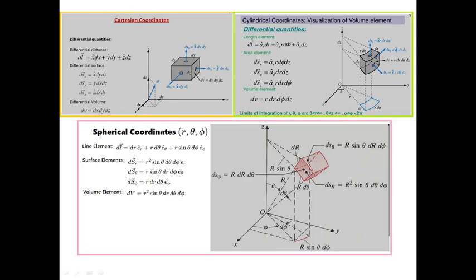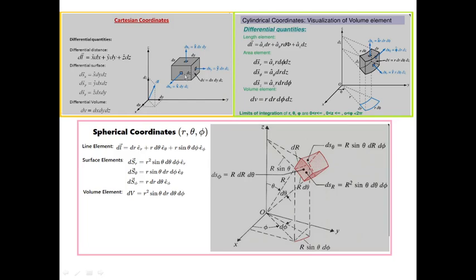So differential length in Cartesian coordinate system, which is denoted by dl bar, is given by x hat dx plus y hat dy plus z hat dz. That means if you start from this point, or the point somewhere inside here, you come in this side by distance dx, go this side dy, and go this side by dz.